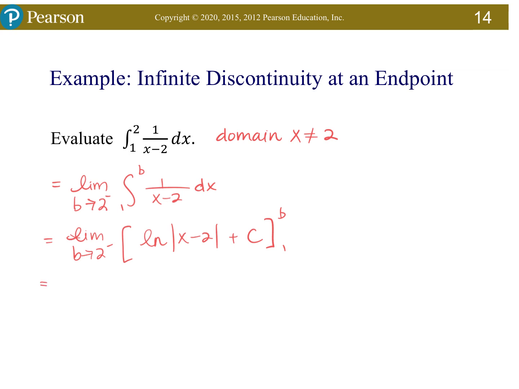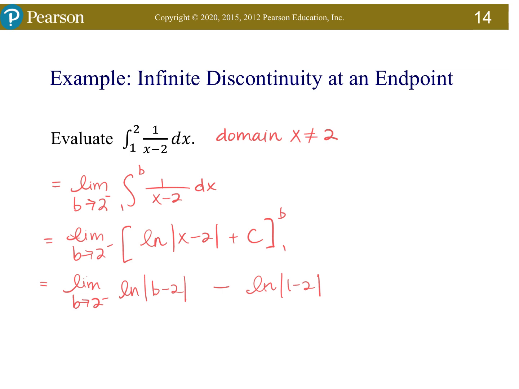And so now I'm going to plug b in. So I'll have my limit as b approaches 2 minus of the natural log of the absolute value of b minus 2 minus, and then I don't need limits anymore because I'm plugging in the number 1, the natural log of the absolute value of 1 minus 2.